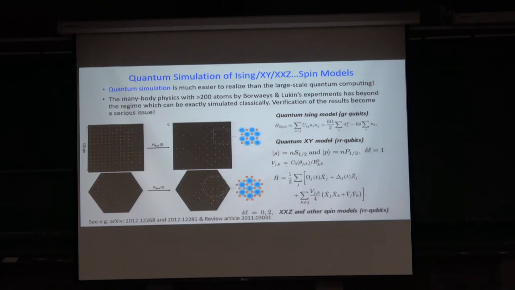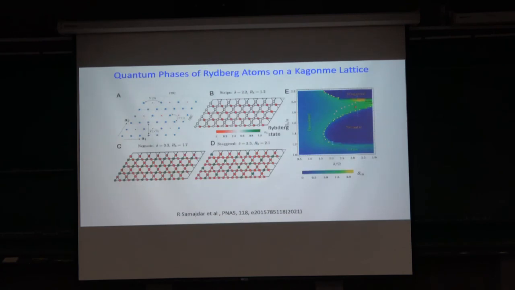For example, you can control the laser parameters. So many beautiful experiments have been done on this platform, and there are even more exciting experiments within this year. You can prepare atoms in this kind of hexagonal lattice called the Kagome lattice.